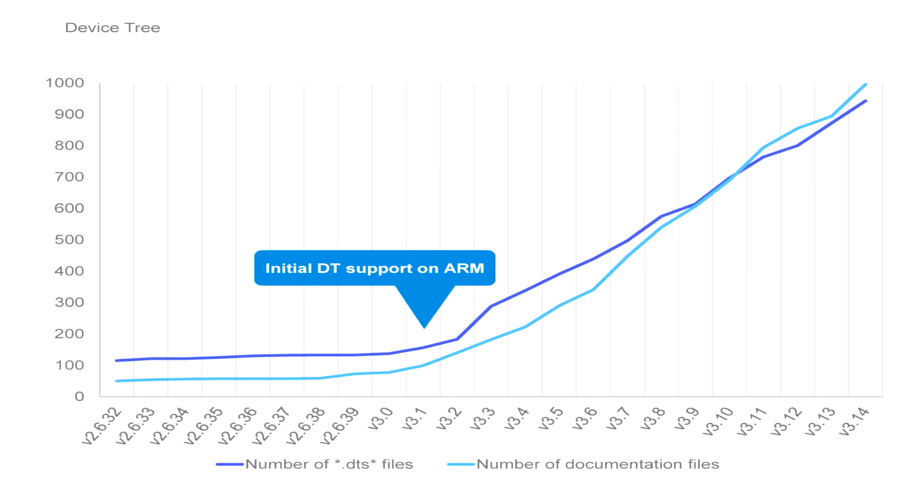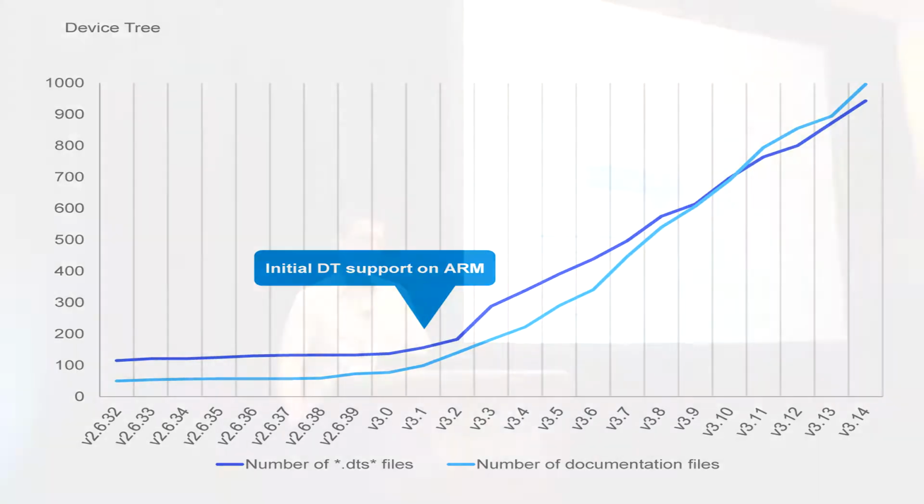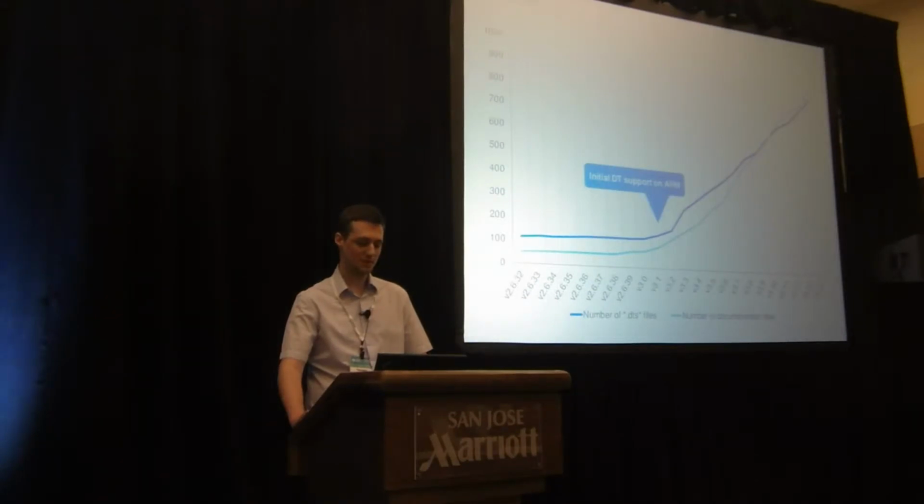Adoption of device tree by the ARM architecture has greatly affected the amount of activity happening in the Linux kernel tree related to device tree.